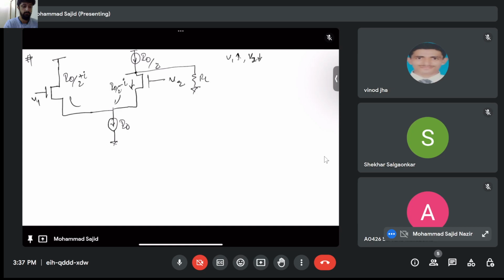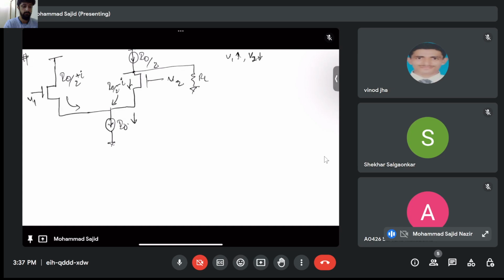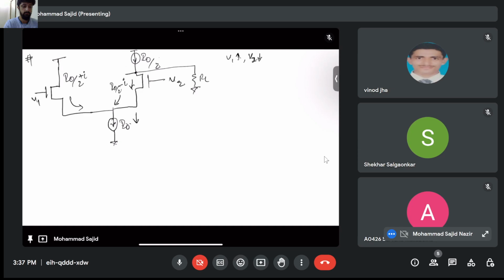Because then only the current through this branch will be I naught, right? So now here, you see there is I naught by 2. So what is the direction for the rest of the current? Here, right? So this will be I. And this I we calculated is simply Gm by 2 (V1 minus V2).